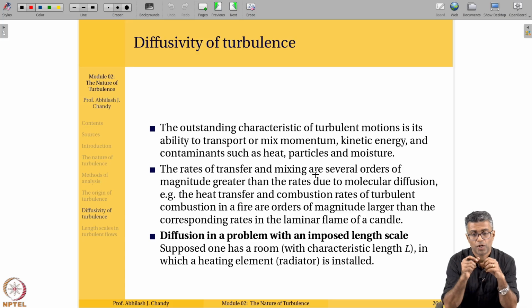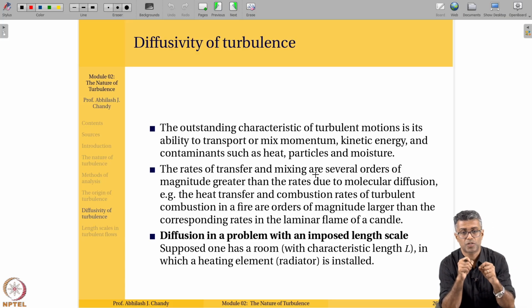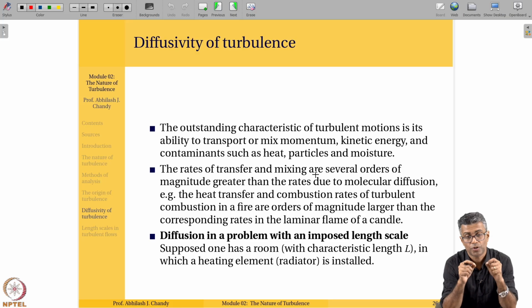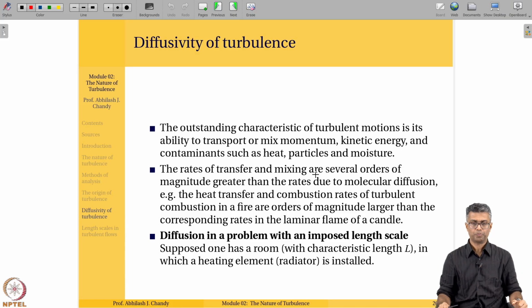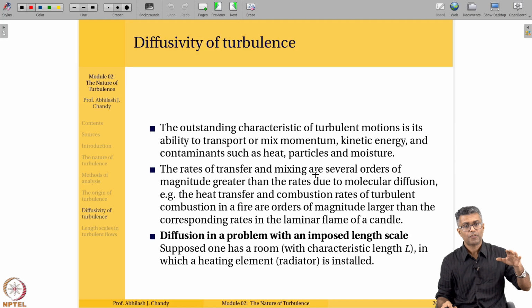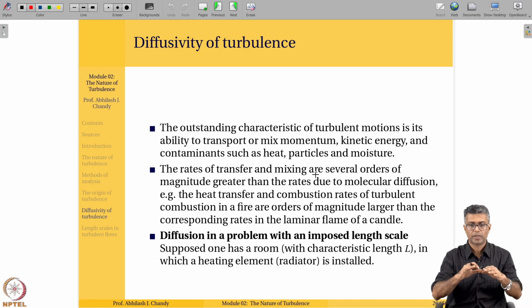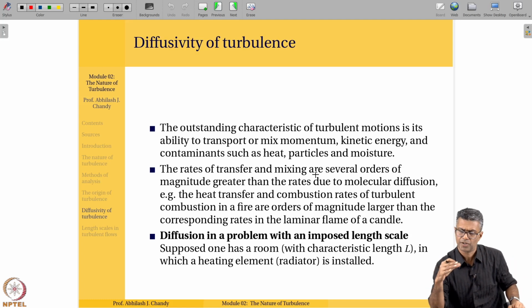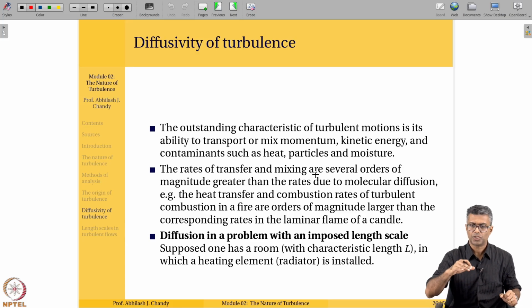So the case study we are going to look at in order to discuss this attribute in more detail is a problem with an imposed length scale. Let's consider a room, the room that you're in right now. Say there is some radiator or heating element installed, generating heat within the room.